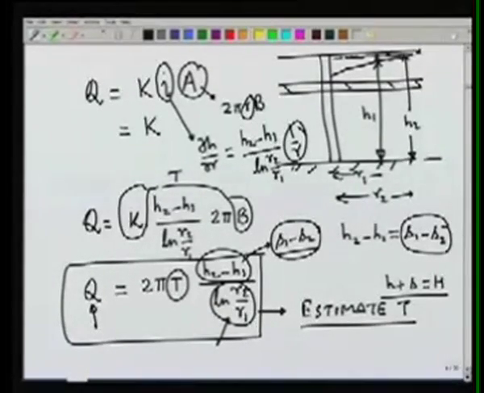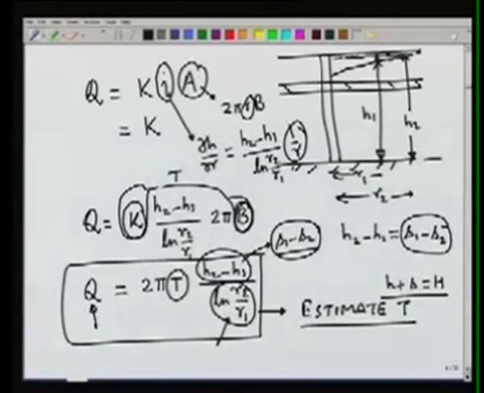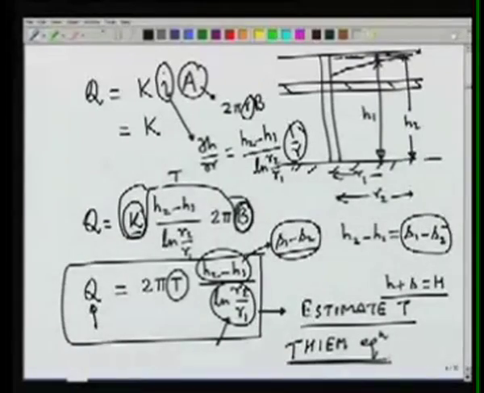So this test is very useful in estimating the transmissivity or hydraulic conductivity, because the thickness B will be known, and therefore we can obtain hydraulic conductivity also. This equation is commonly known as the Thiem equation, based on the first derivation by him.